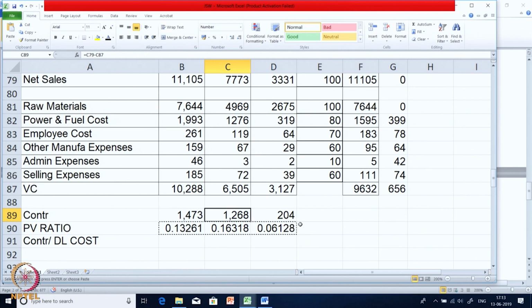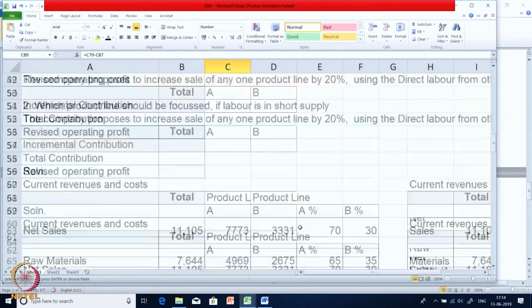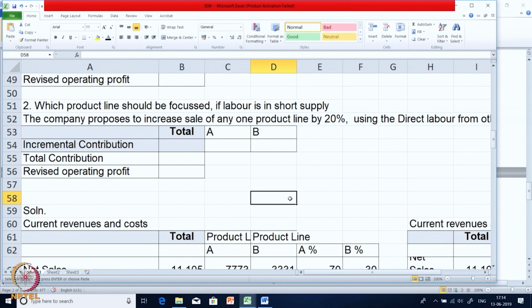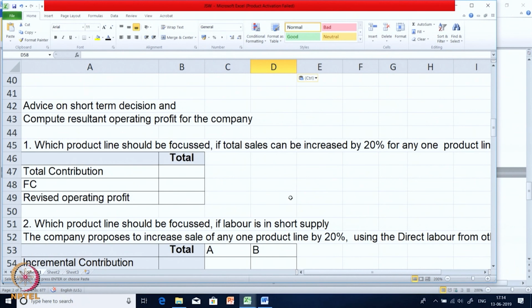There is no need to do any other calculation like new sales, new raw material cost, etc. Because whenever there is an increase in sale of 20%, in the same proportion you experience increase in the contribution. So compute the revised total contribution.